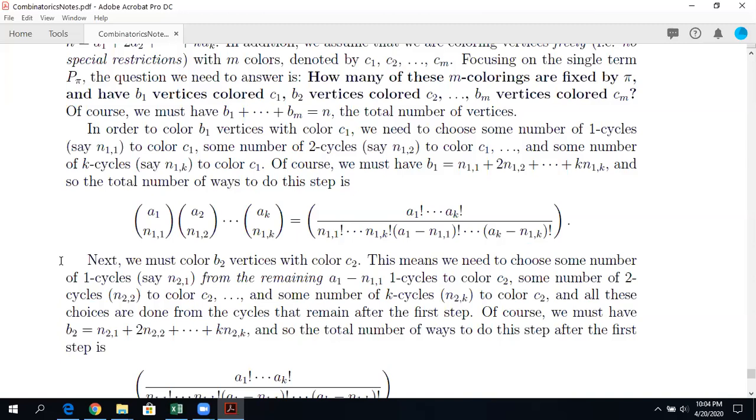Some number of 2 cycles, we call that N22, to color C2. And remember, again, it's going to be from the remaining, which is A2 minus N12. Etc. Some number of K cycles, N2K, to color 2. And these choices are all done from the cycles that remain after the first step. Okay?